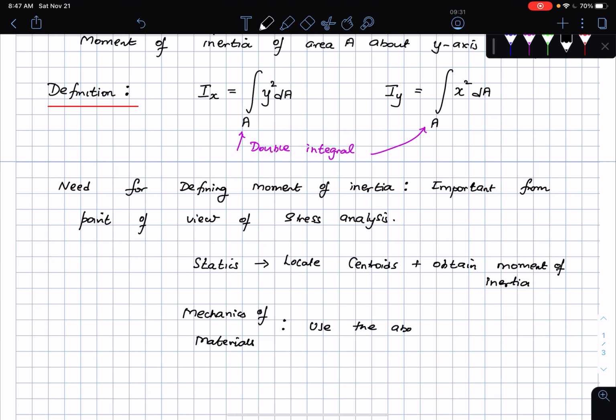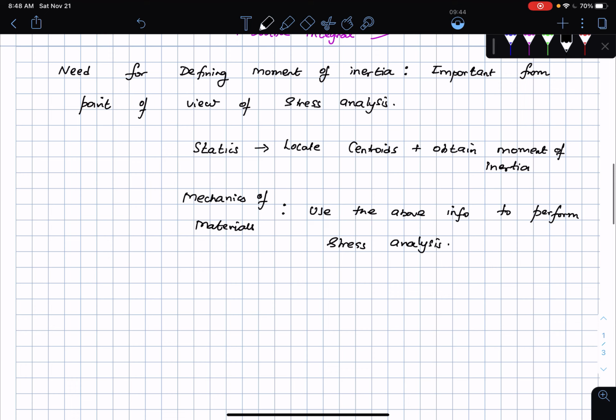Use the above information to perform stress analysis. This is a typical need for defining the moment of inertia.